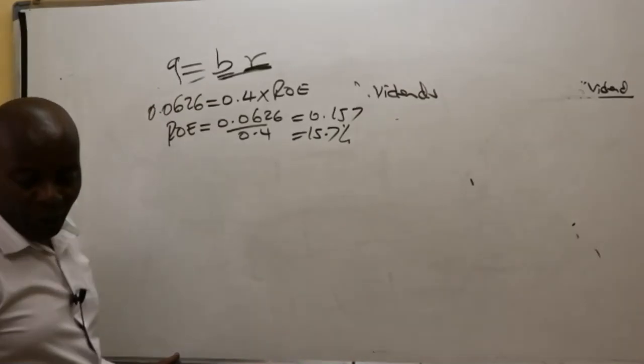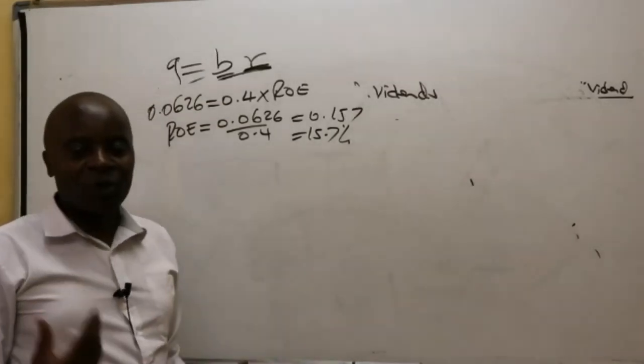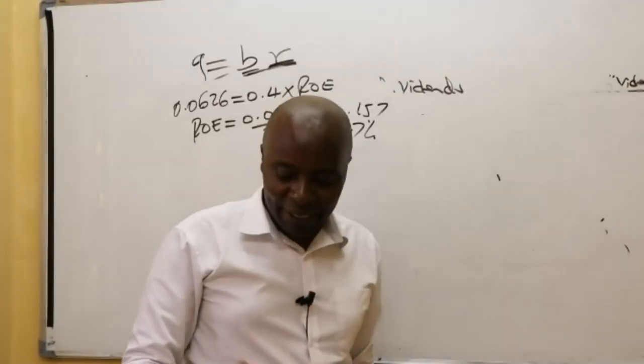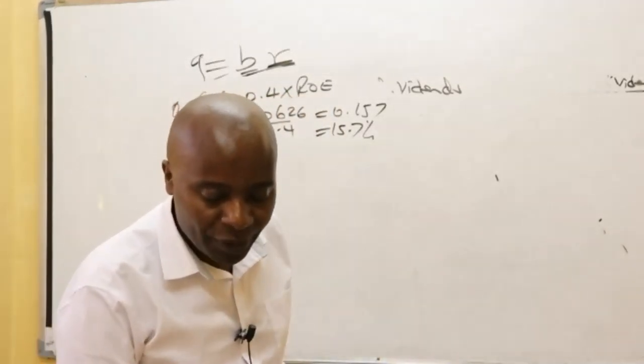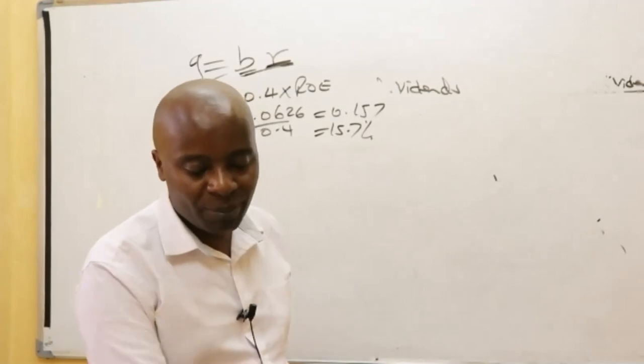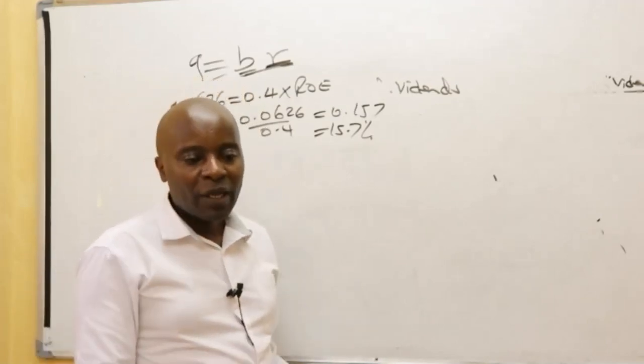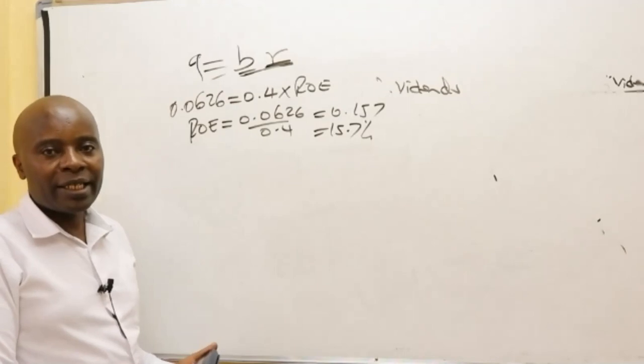So I hope, we always learn best through repetition. Even if we repeat many times, don't feel bad. You'll end up getting something. So please allow me then, very fast, to go through this simple concept of WACC. How do we get WACC?